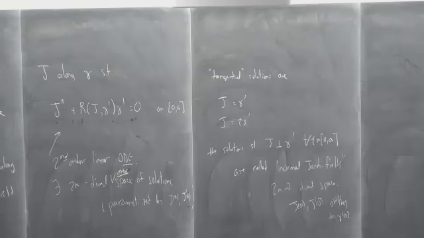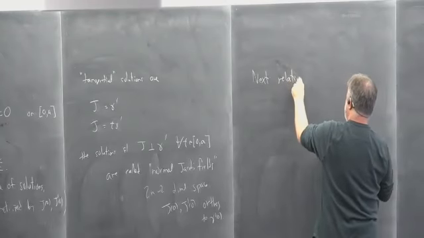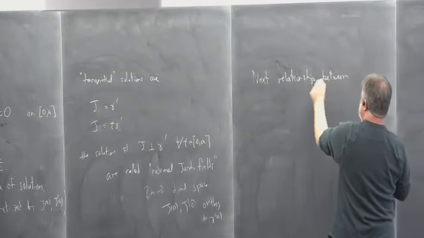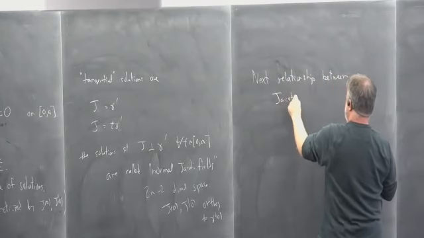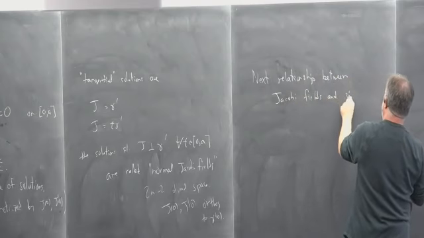Okay, but the next thing we're going to do is to see another interpretation of Jacobi fields. Another thing they're good for, and that is to identify where the exponential map becomes singular. So the next topic is the relationship between Jacobi fields and singularities of the exponential map.